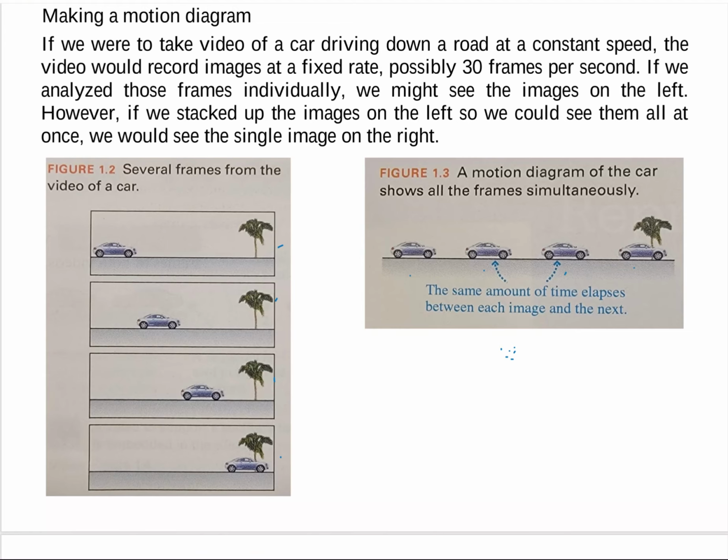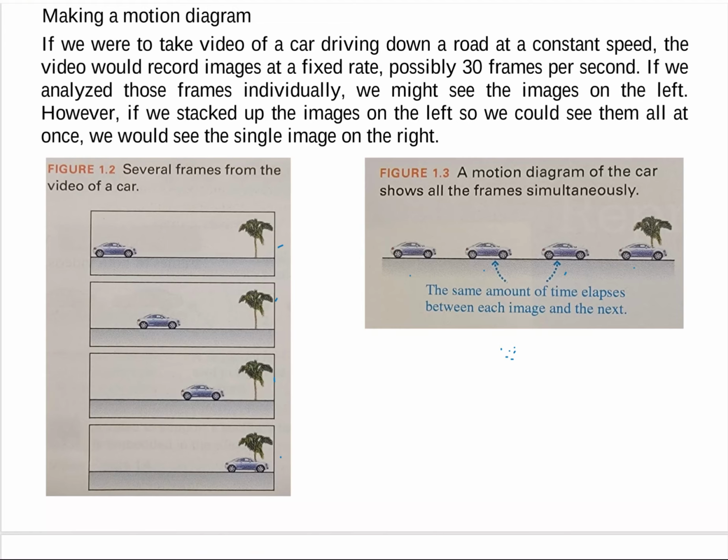Does that make sense? Because we have this car at equally spaced intervals, we can say that the car was driving at a constant speed. Probably did have its cruise control on.